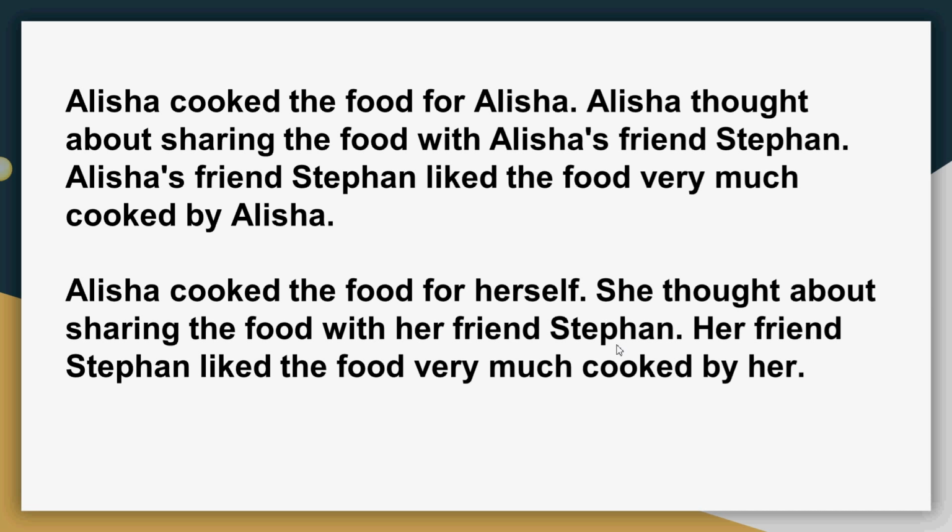Alicia cooked the food for herself. She thought about sharing the food with her friend Stephen. Her friend Stephen liked the food very much cooked by her. This sentence looks better now. Okay, let us identify the pronouns in this sentence. Herself, she, her, her, her.